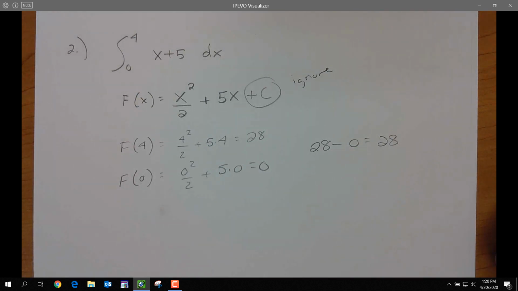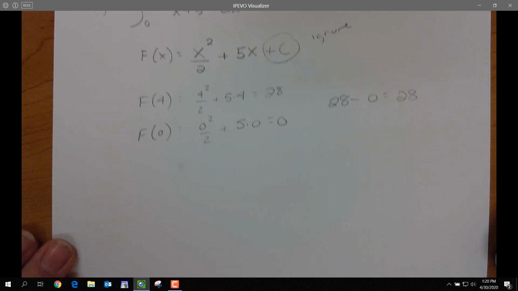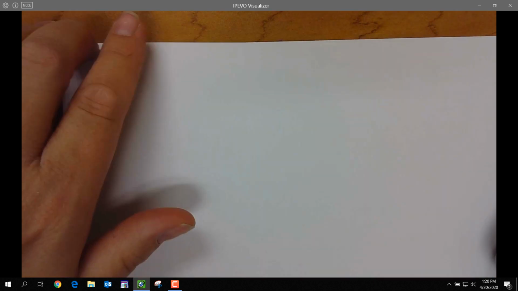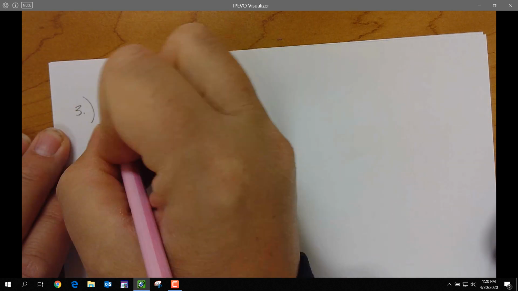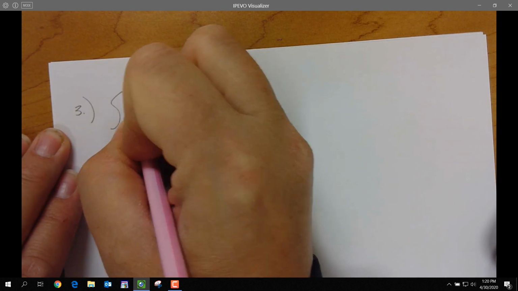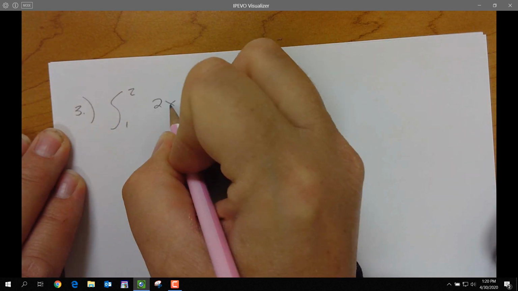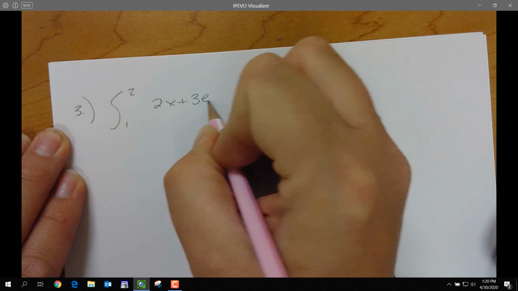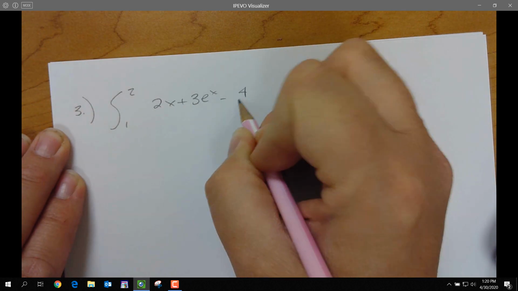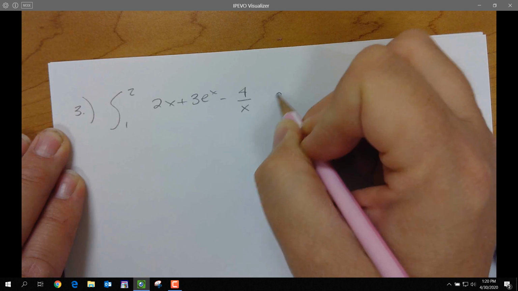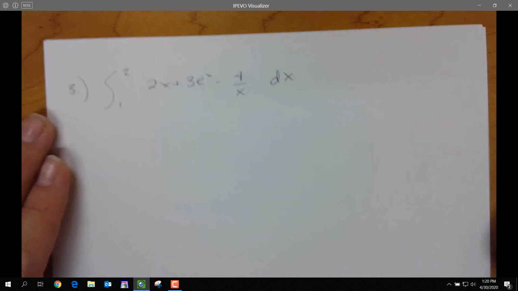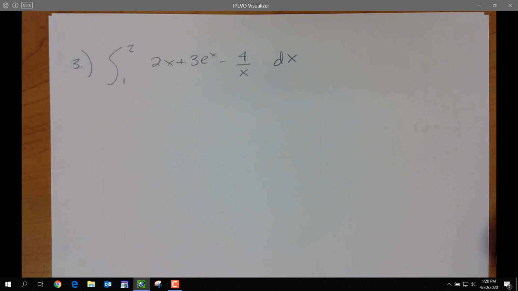Okay, let's try. I'm going to flip this over. It's my third example. Let's try going from 1 to 2 of 2x plus 3e to the x minus 4 over x dx. Okay, so we're using more of those antiderivative rules we've been learning.